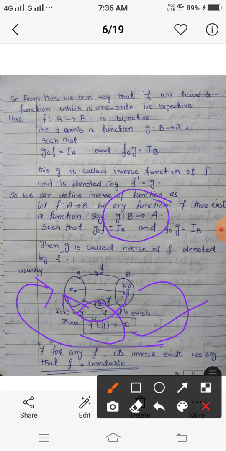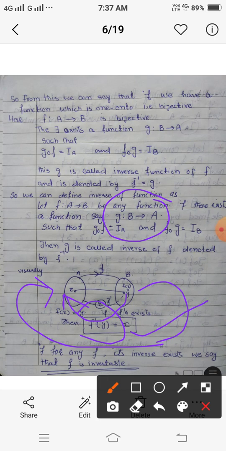So in a nutshell, we can say that if f is a function from A to B such that x is related with y through f, then the inverse of f means there exists another function from B to A such that this element y, which is related with x through f, is related back to this x. If this happens, then this function which relates y with x in the reverse direction is called the inverse of f.